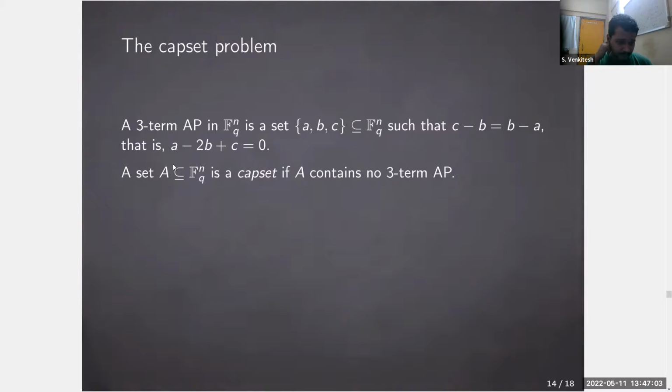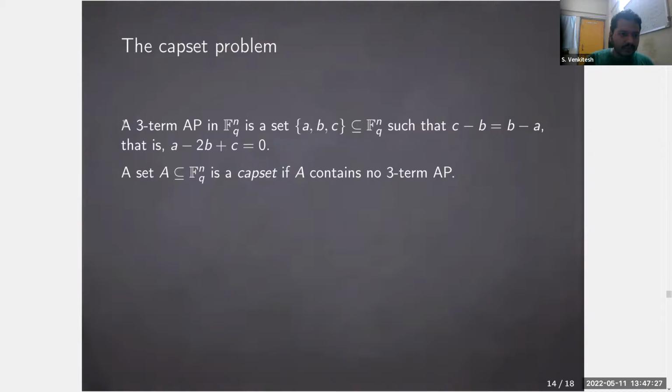Now some intuition should indicate that if you have lots and lots of points in the set, let's say points that are nearly as many as q to the n in size, then one will not be able to avoid the presence of three-term arithmetic progressions. If there are too many points, then APs will pop up.